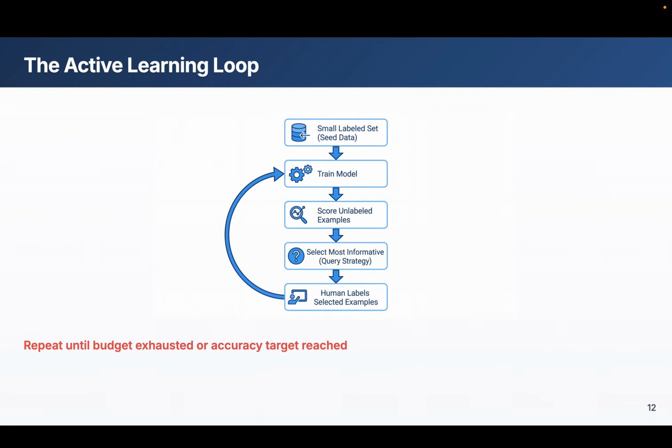If I've just given 2, 3 images, is the model a strong model? If the model is not strong, its predictions will not be very good, and if you use that for scoring, that will also not be very good. So we need a fine balance between the initial labeled data and figuring out the most informative and uninformative samples.